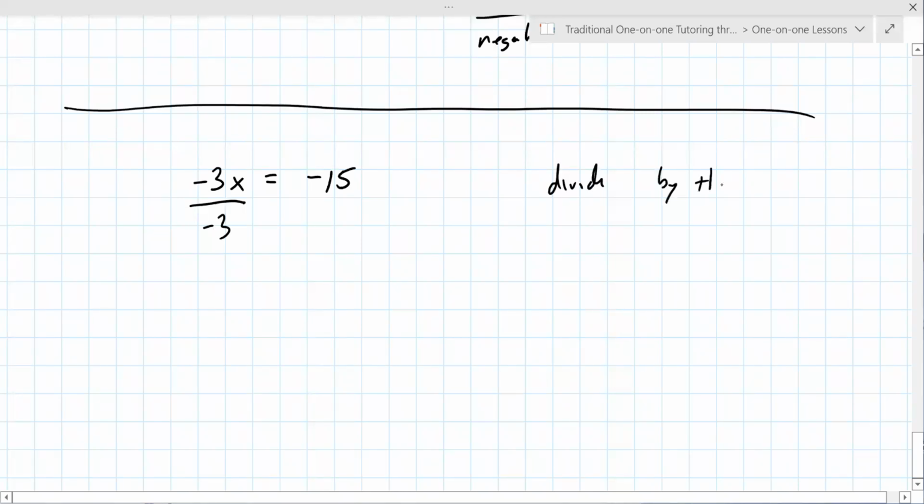It doesn't matter whether it's negative or positive, you just divide by it on both sides. Okay. So like we just talked about, a negative divided by negative is a positive. And 15 divided by 3 is positive. But what is 15 divided by 3? 5. Okay.